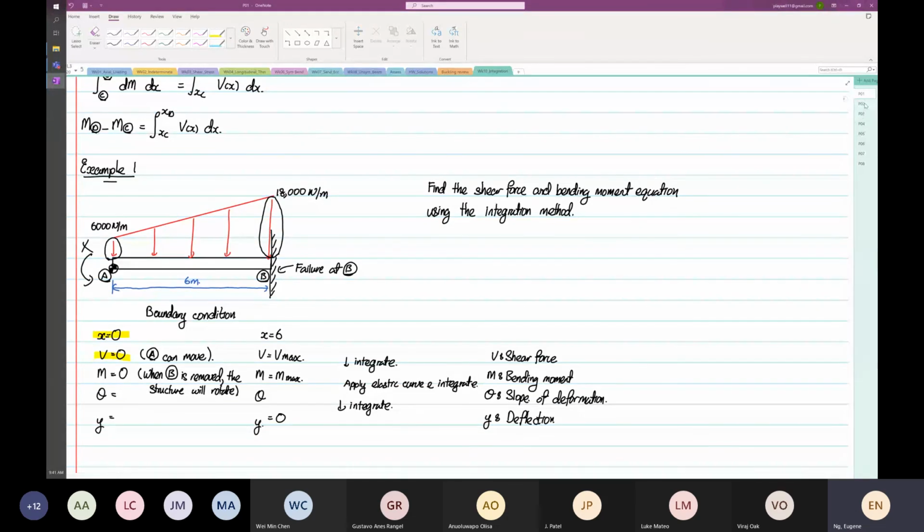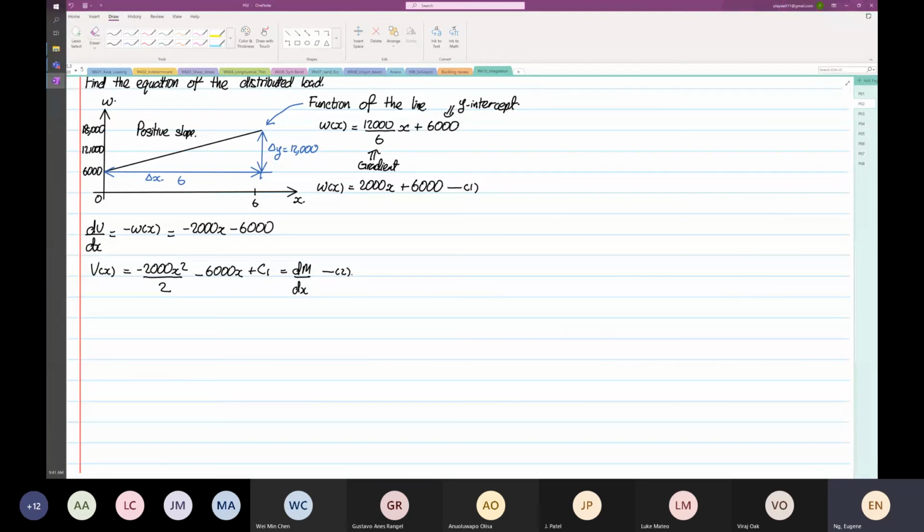So we go to the other slide now. We're going to substitute x equal to 0, v also 0, into equation number 2. So what we get is, therefore, everything is equal to 0, therefore c1 is equal to 0.